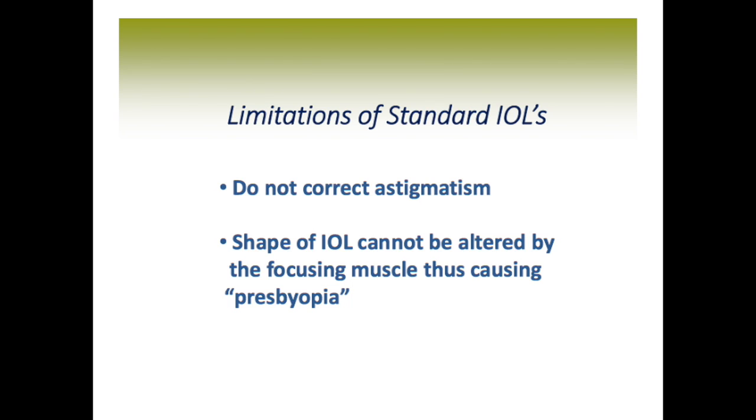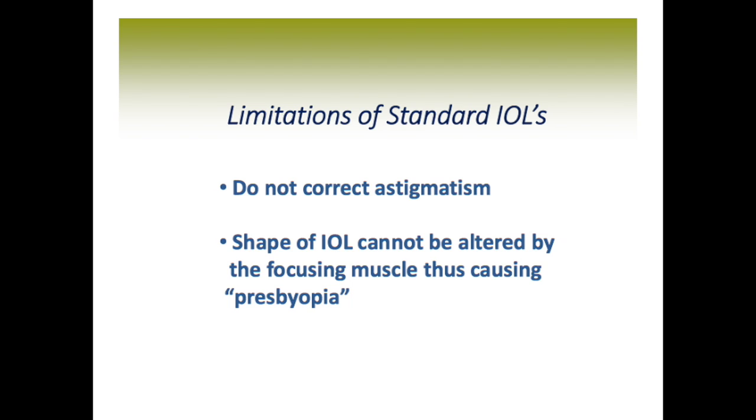The limitations of standard intraocular lenses that are covered by insurance: they do not correct astigmatism, and the shape of those lenses cannot be altered by the focusing muscle, thus causing presbyopia.